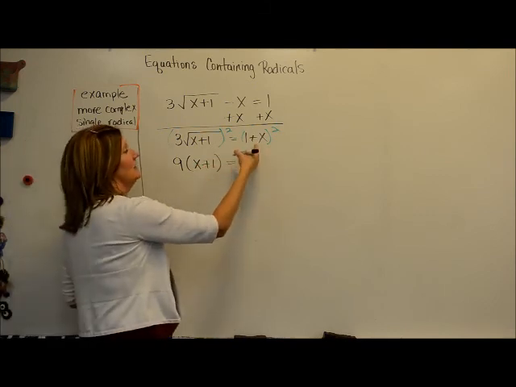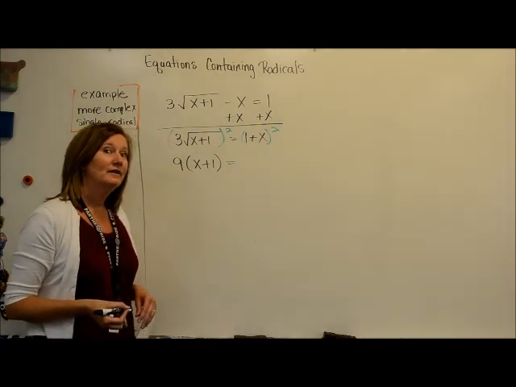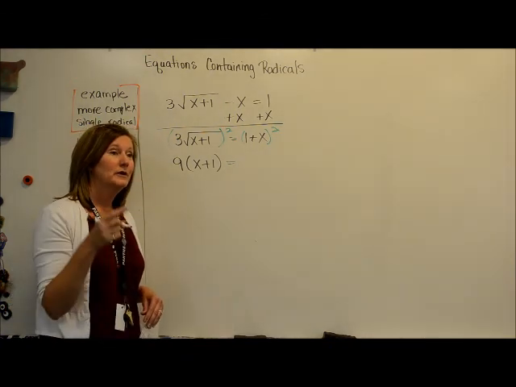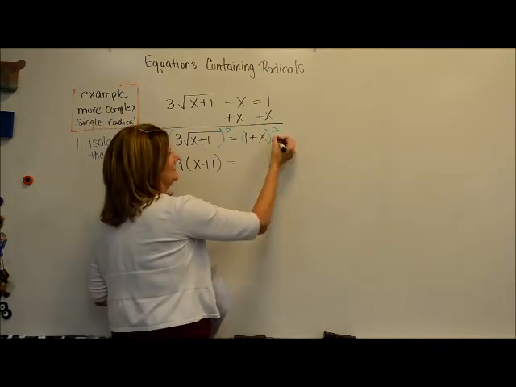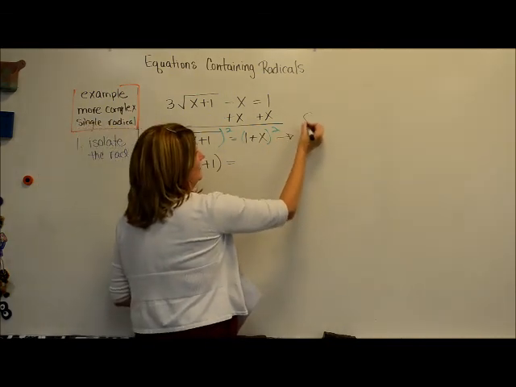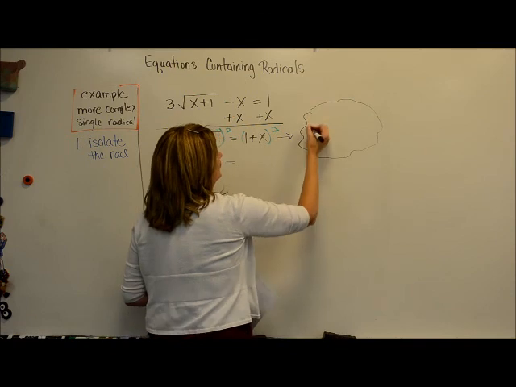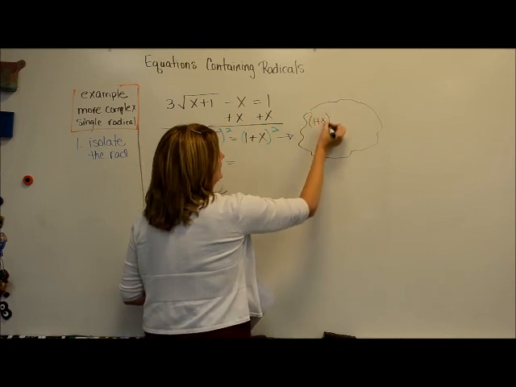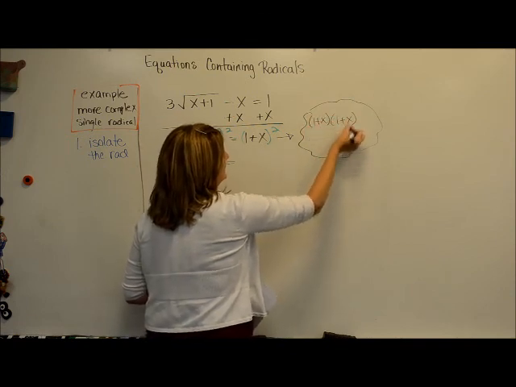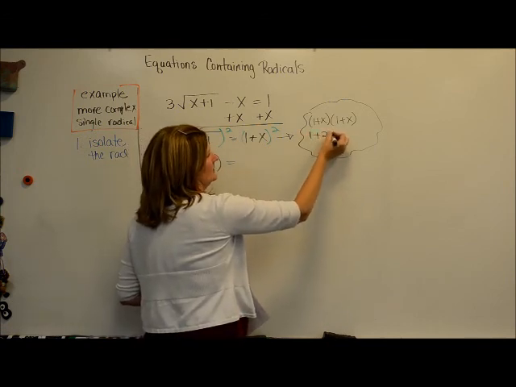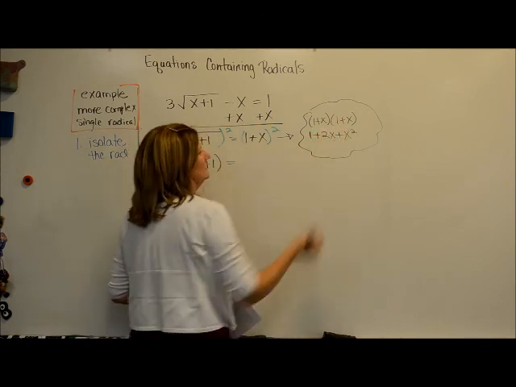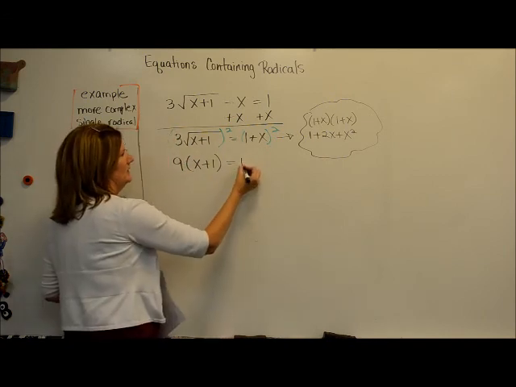Over here, this is squared. You don't just give the 2 to the 1 and the 2 to the x, right? This is really 1 plus x times 1 plus x. I'm going to multiply that together. That gives me 1 plus 2x plus x squared. I know you already know how to do that. I'm going to put that right in here.